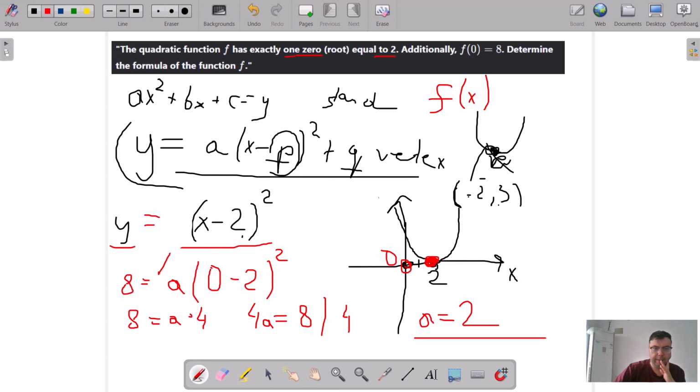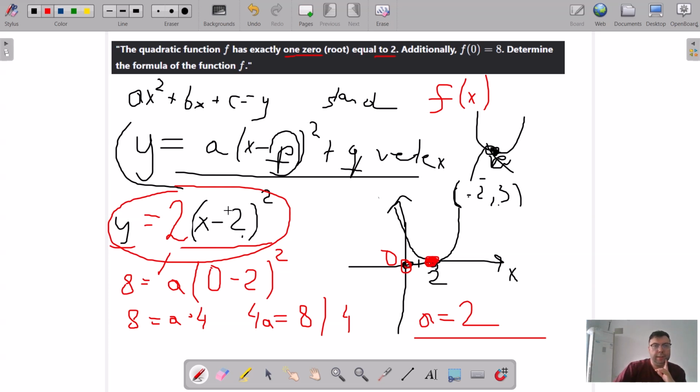So instead of a, we write 2. y equals 2(x minus 2) squared. We already got our solution to this. Instead of a, we write 2, so y equals 2(x minus 2) squared.